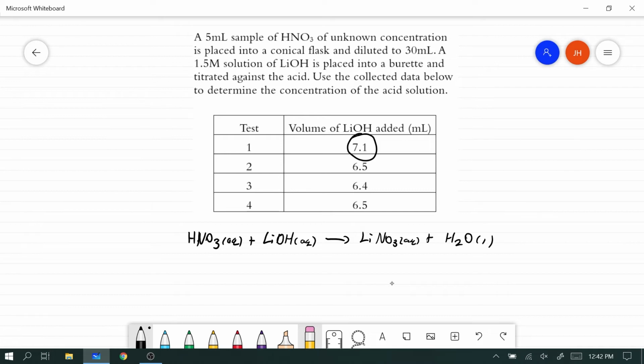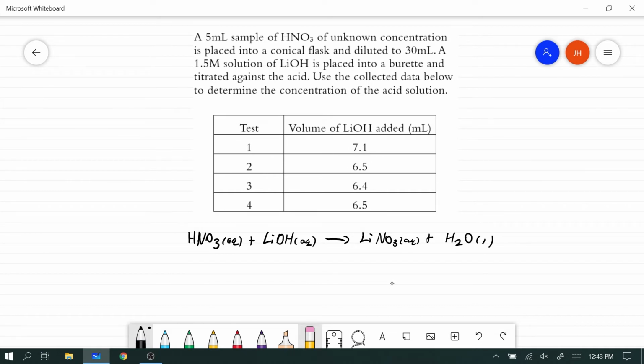So they add really quickly, find that endpoint, stop the burette, take the measurement, and then go, okay, well, maybe, if my volume was 7.1 mL this time, I might get to 5 mL and add that really quickly, and then go really slow and add dropwise afterwards to try and find that point of equivalence. And then they might start taking some more accurate measurements.